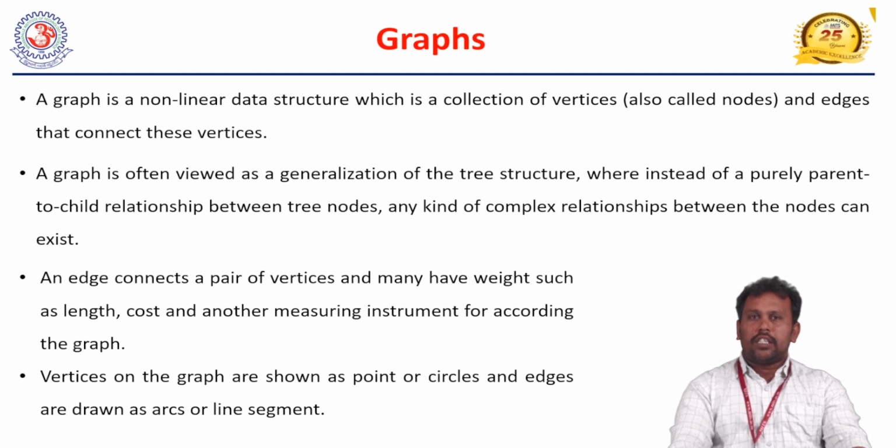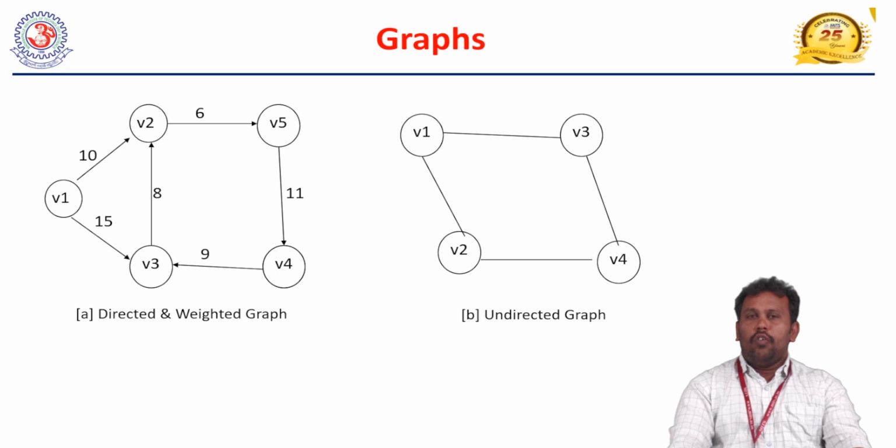An edge connects a pair of vertices and may have a weight such as length, cost, or another measure according to the graph. Vertices on the graph are shown as points or circles, and edges are drawn as arcs or line segments. Now we will see some examples of graphs.